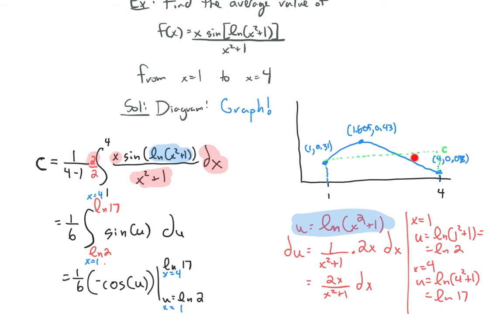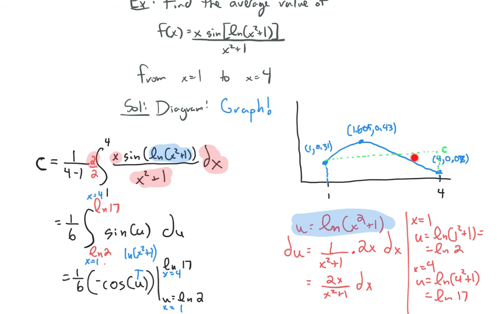We know u is ln of x squared plus 1, so they'll write this as negative cos of ln of x squared plus 1, and fill it in from there. But both ways are equally as good as each other. It's fairly easy to just figure out your bounds once you know your substitution, so I just like doing it like this, substituting as we go.